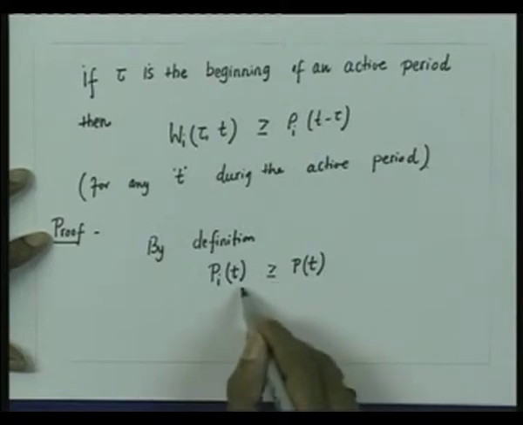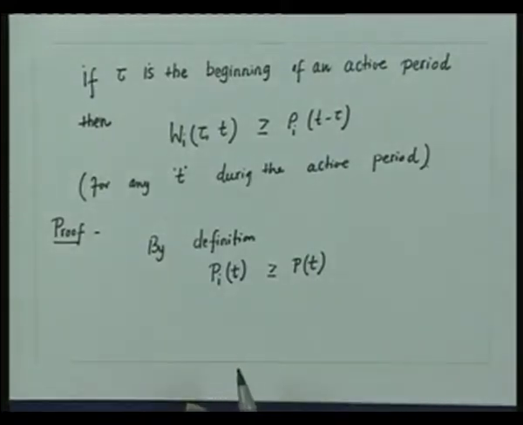So during the active period, by definition, the session's potential is always greater than or equal to the system potential. Now tau is the beginning of the active period, that is, when the session has just changed its state from an inactive period to the active period. Therefore at that point tau, the session's potential will be updated and made equal to the system potential.